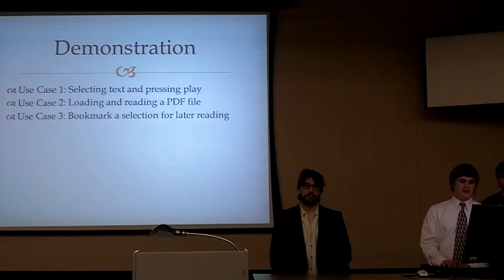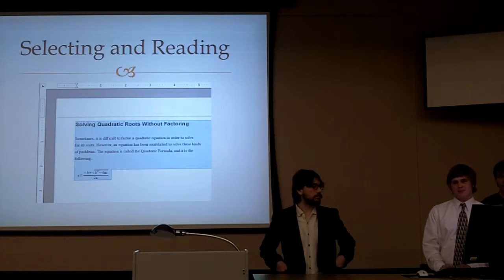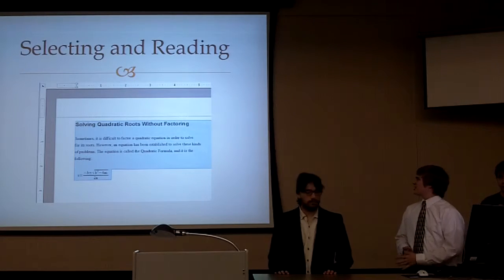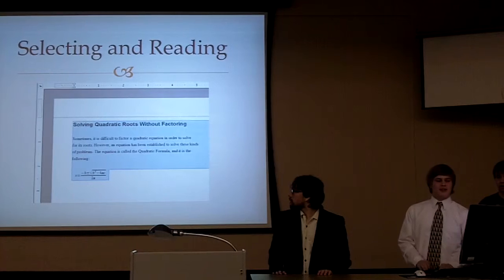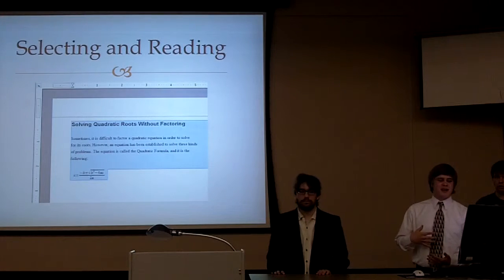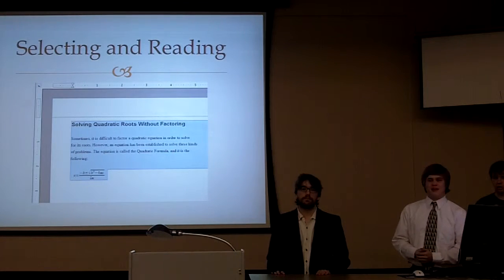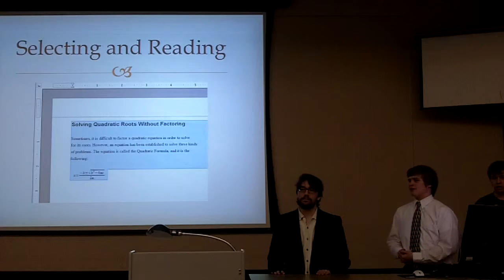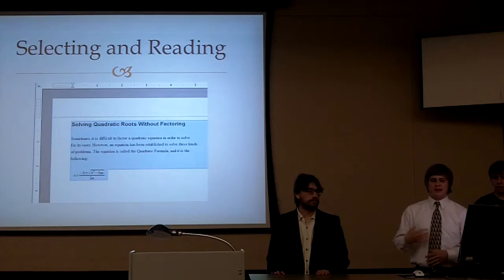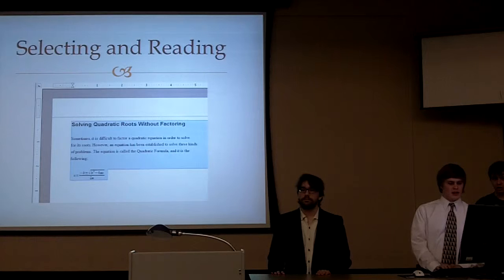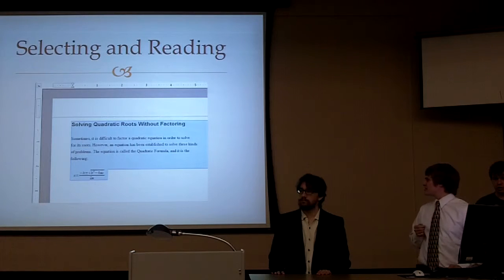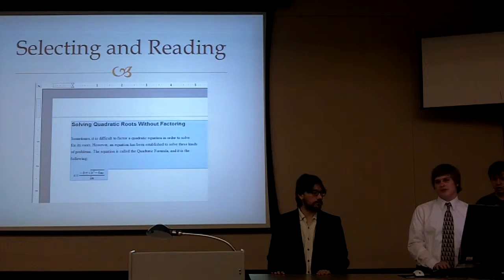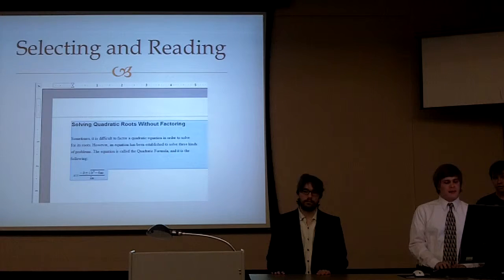So I'll go do the first case, selecting and reading. Say you're in an introductory math course, and there's a section about solving quadratic roots without factoring. And it has the quadratic formula in there, and you want to be able to read that. So all you do is you select it just like so, and just copy it, Control-C or right-click and copy.